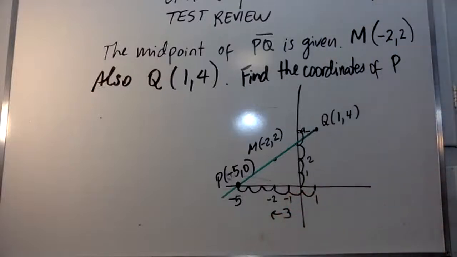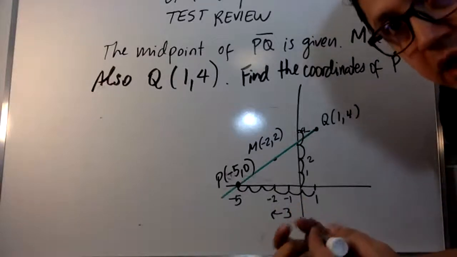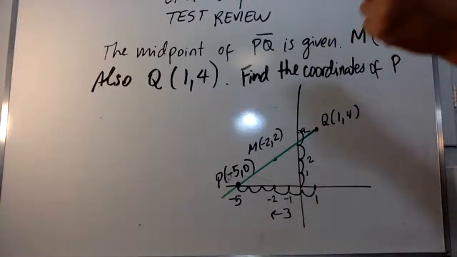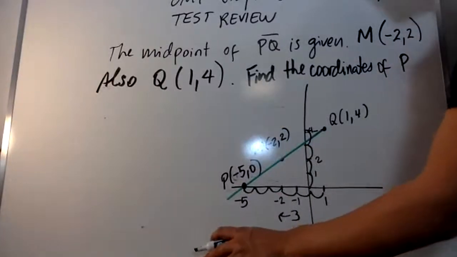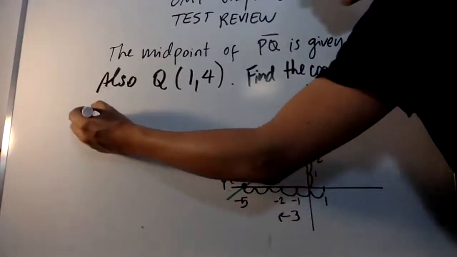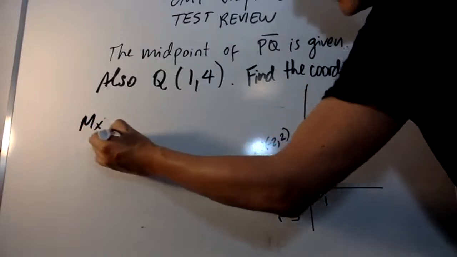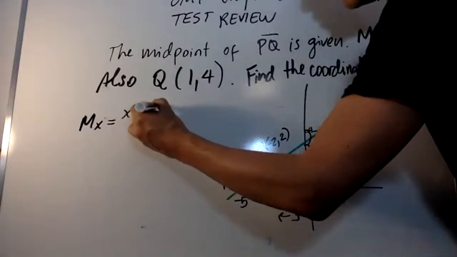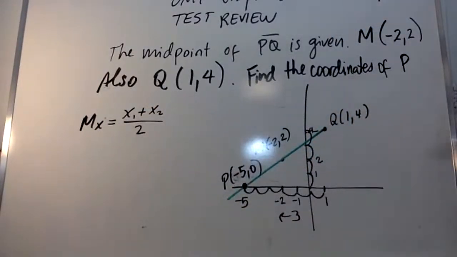Or if you want to use the formula, probably it's going to be a little bit more complex, but it doesn't mean that you cannot do it, because the algebraic method would go like this. If you know that the x value of the midpoint is, you take x1 and x2 and divide by 2. You are given the x value of the midpoint.